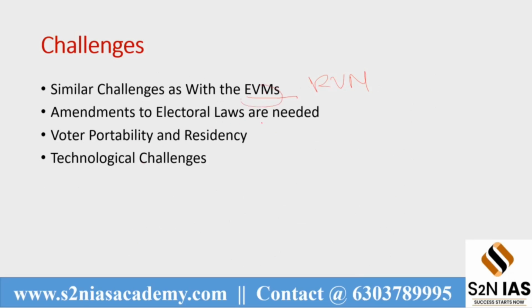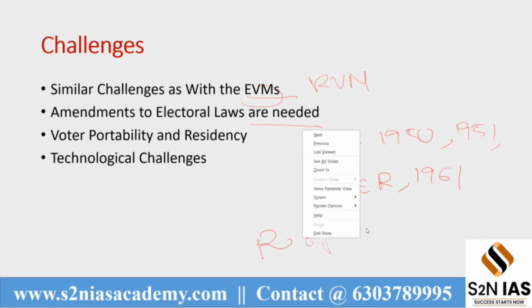Next, amendments to the electoral laws are needed. Remote voting requires amendments to the existing laws such as the RPA 1950 and 1951, the Conduct of Election Rules 1961, and the Registration of Electors Rules 1960, to accommodate the new voting method.